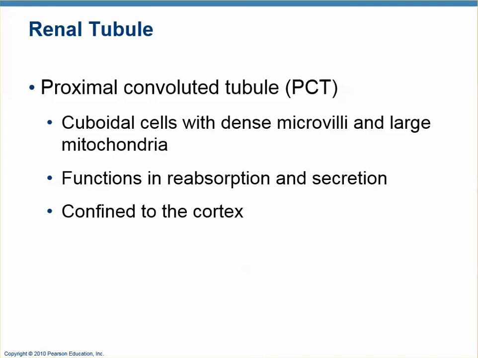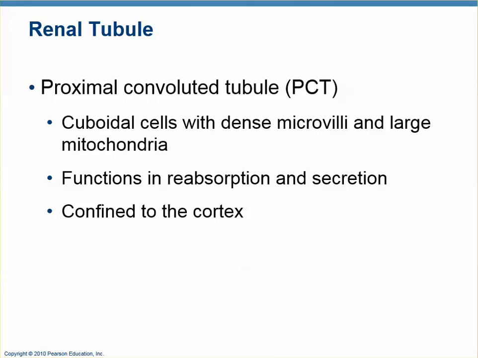So the proteins and the cells and the platelets and all of that stuff stay in the blood, and the only thing that comes through is the liquid plasma and whatever is dissolved in it. So the liquid's collected by Bowman's capsule, and then it flows into an area called the proximal convoluted tubule.